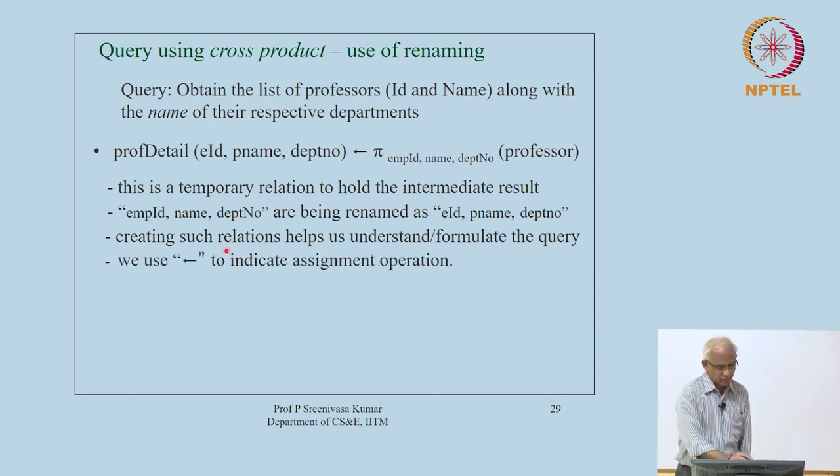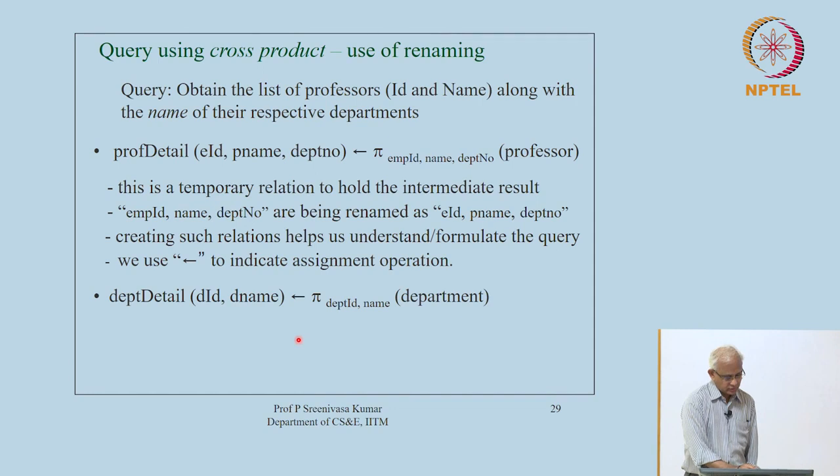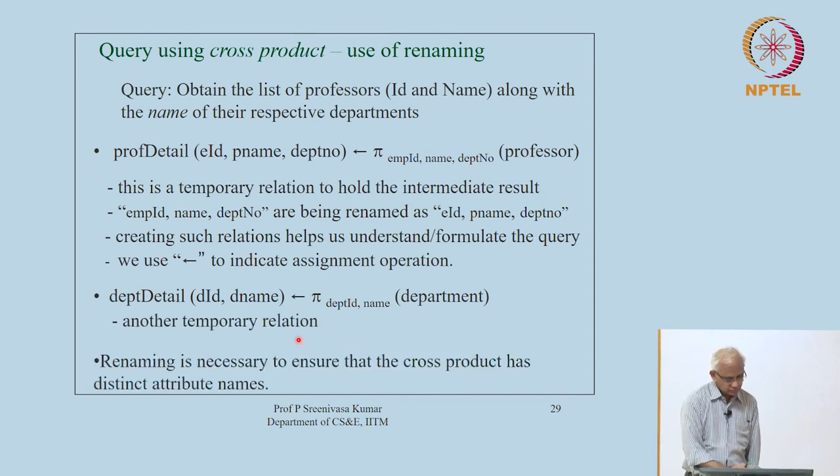And in a similar way we have the other department detail also as a temporary relation, and we are using this left arrow to indicate the assignment operation. Okay, this is also another temporary relation.